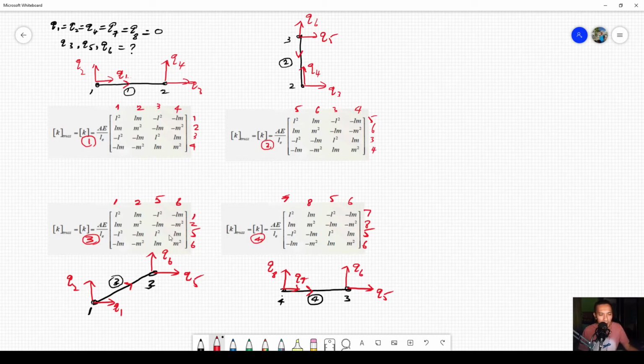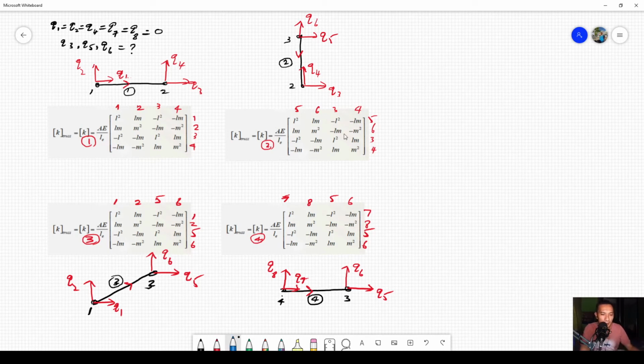And similarly, apply to element number 3 and to element number 4. So we have to write the address according to its element connectivities for each element.